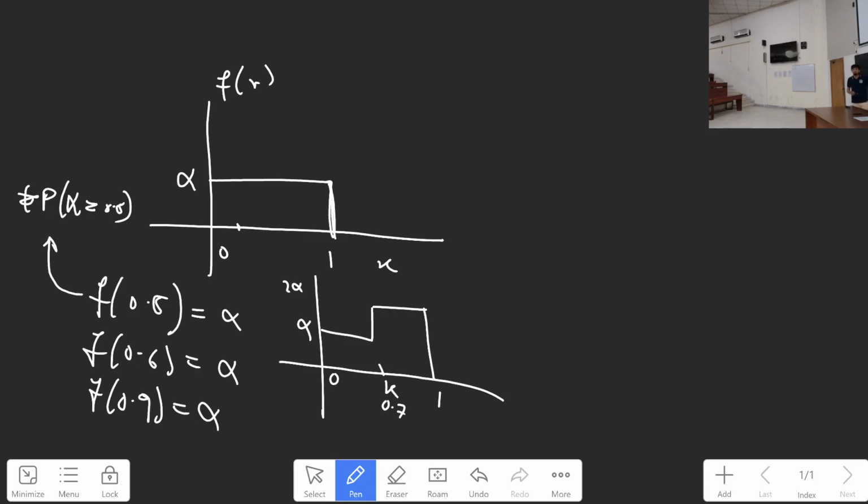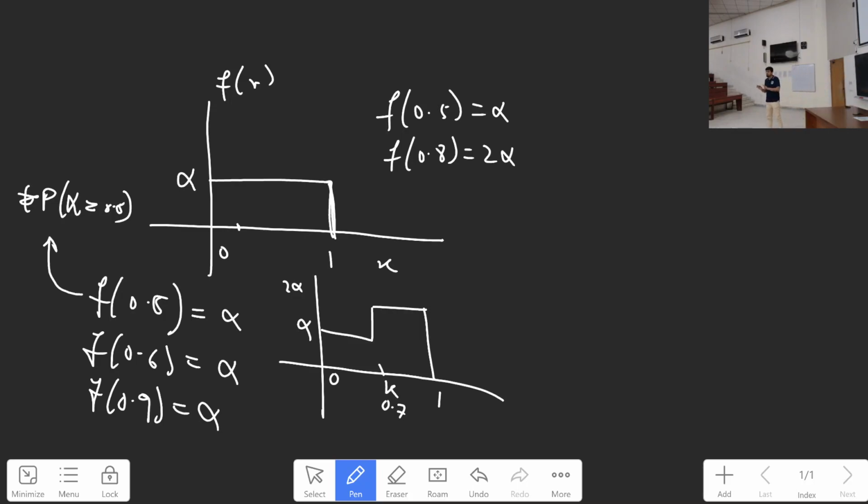In this case, what are we saying? If we write f(0.5) is alpha and f(0.8) is 2 alpha, what is this saying? It's saying that the chances of taking a value above k are twice as much as this thing. Okay.